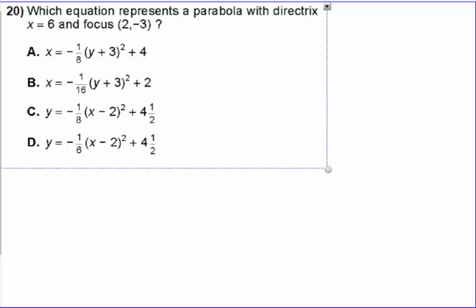Okay, so with this one we have not done these either, but you will have these formulas on your reference sheet. So if we take a look at this, we know that the directrix is equal to 6 and that the focus is (2, −3). So this is the general form of the parabola.